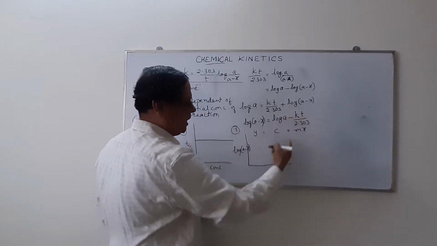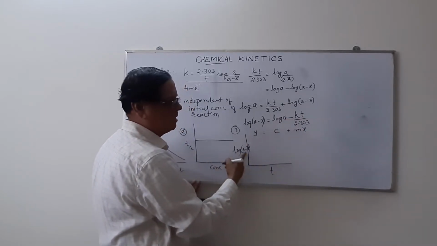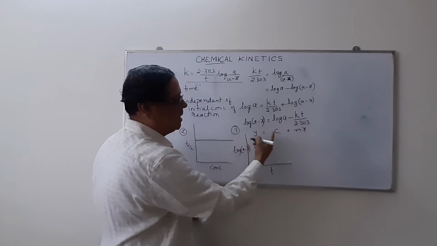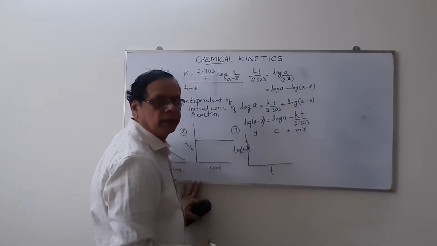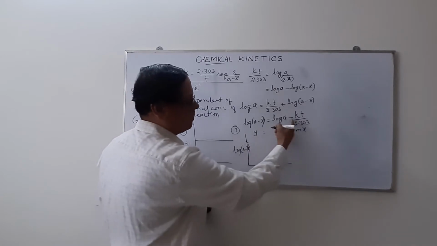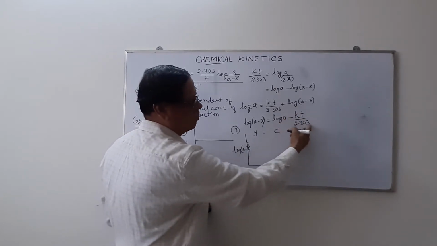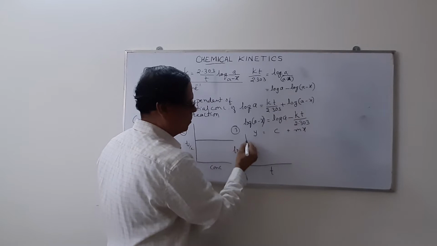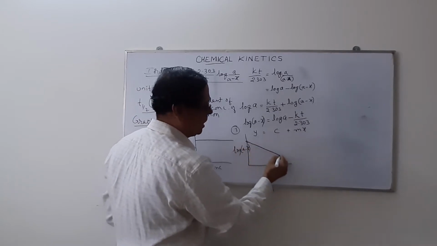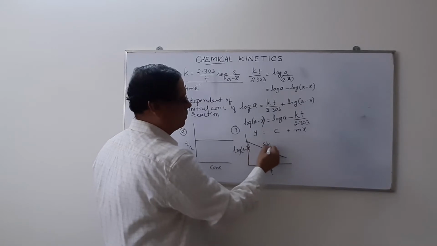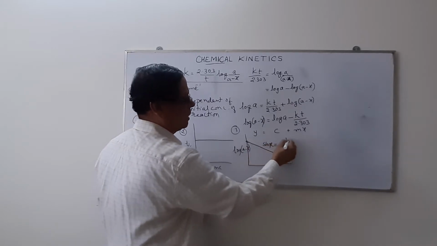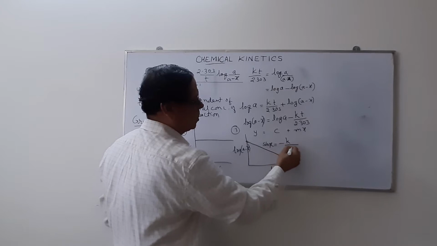Then if you take time on the x axis and log a minus x on the y axis, then it has log a as an intercept. Then the slope of the straight line will be k by 2.303 with minus sign. So it is a negative slope straight line. So here slope corresponds to minus k divided by 2.303.